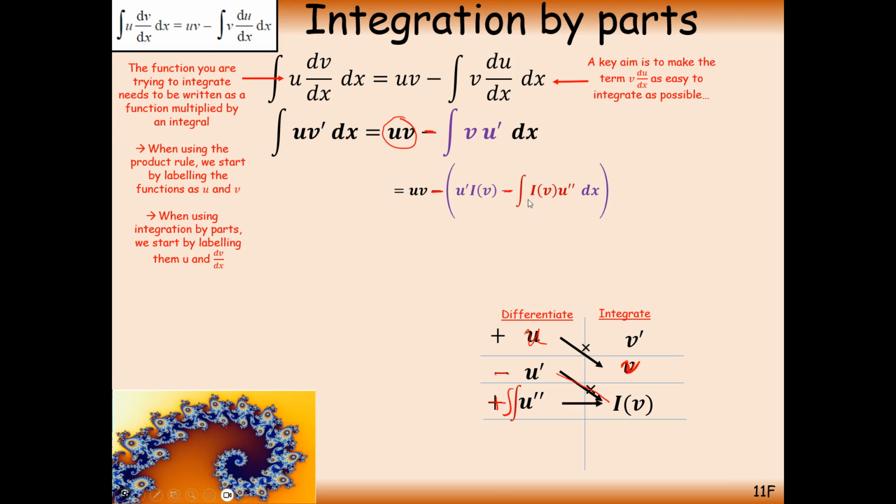That red integral is the last row here, integrated. So there is only one integral sign here. Don't confuse that: integral of u double dash with integral of v. Notice we started with dv dx, that's why this turned into the original v, and now this is one step higher than the original v, that's why I put an I there.